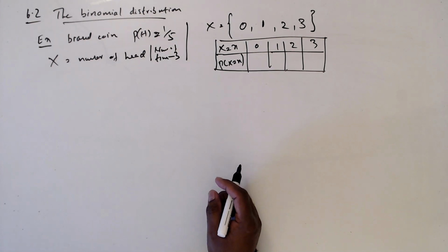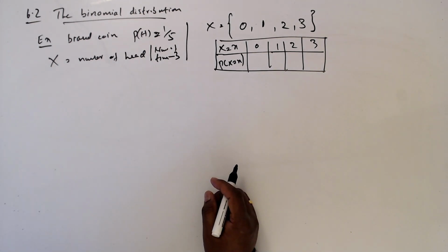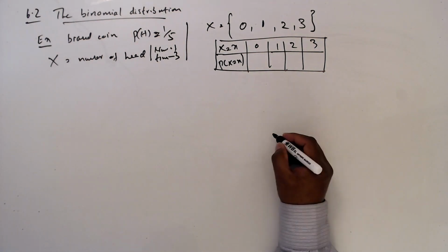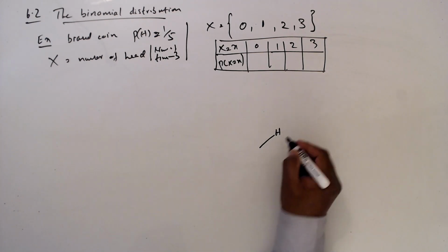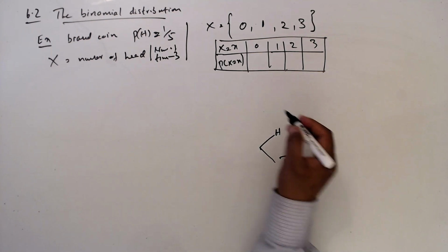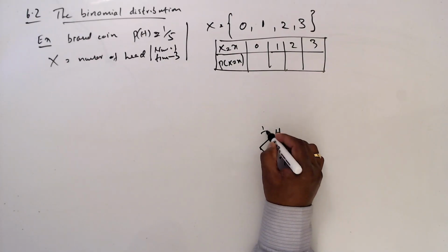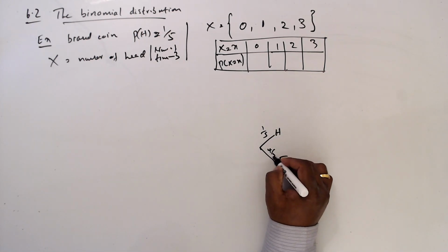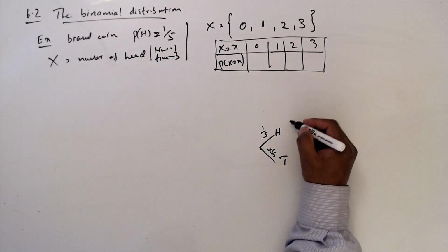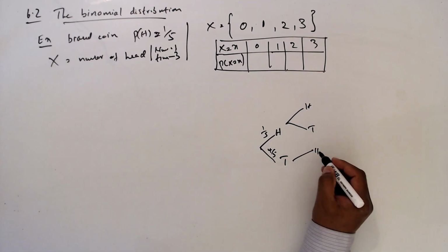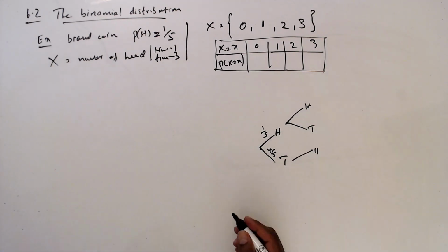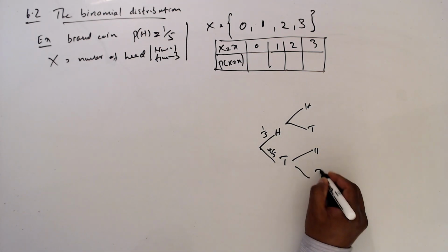So we can work with this using a tree diagram. First head and tail. So getting head is 1 out of 5, and tail is 4 out of 5. Then again second toss, head and tail, and a third toss, head and tail.